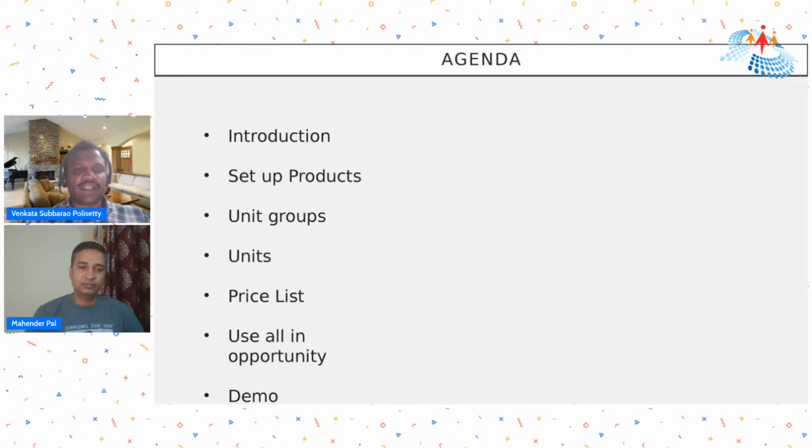This is the agenda. We are going to have the set of products, the unit groups and units, and price lists, and use all of it in the opportunity, followed by a demo.